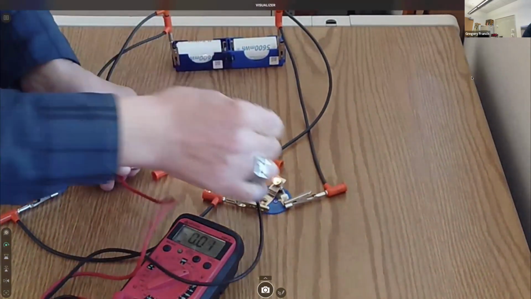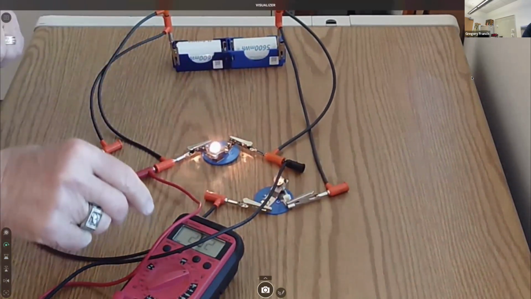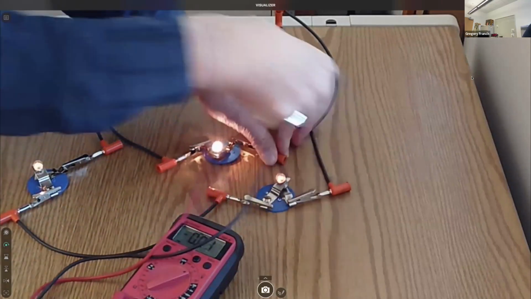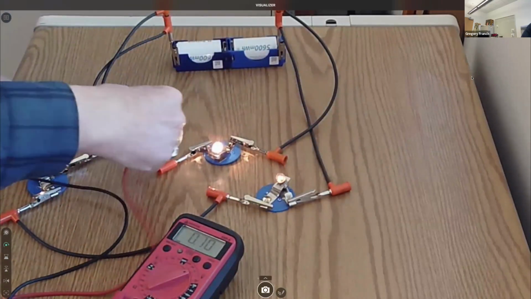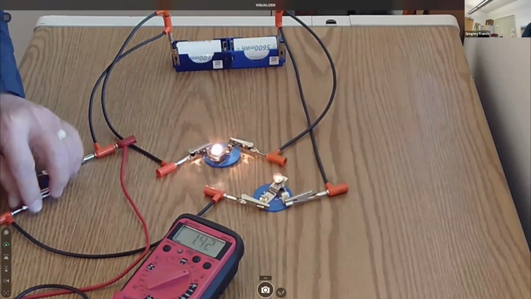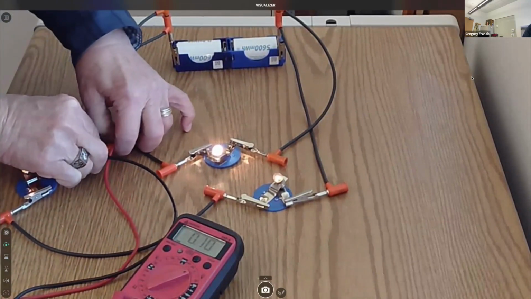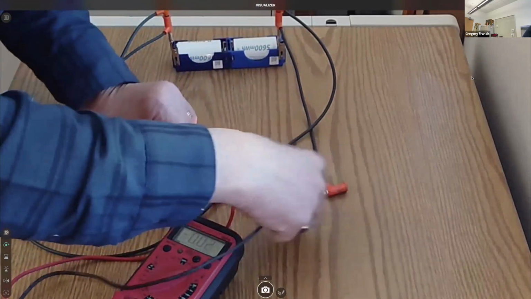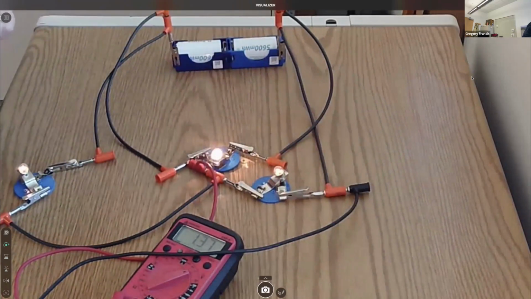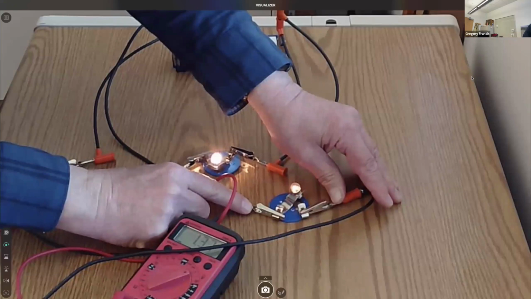The voltage across the single bulb, 2.82. The voltage across one of the series bulbs, 1.42. And the other one is 1.37.